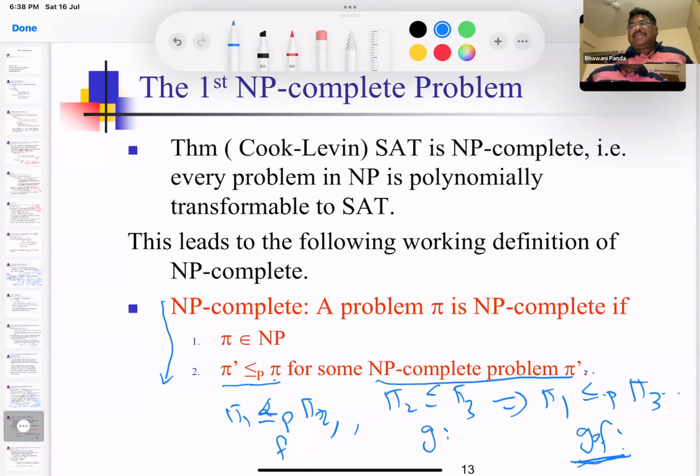We have one in the bag, that is SAT, and now several thousands of problems are NP-complete. To show a new problem is NP-complete, first show that your problem is in NP, then choose an NP-complete problem and show that it is reducible to your problem.